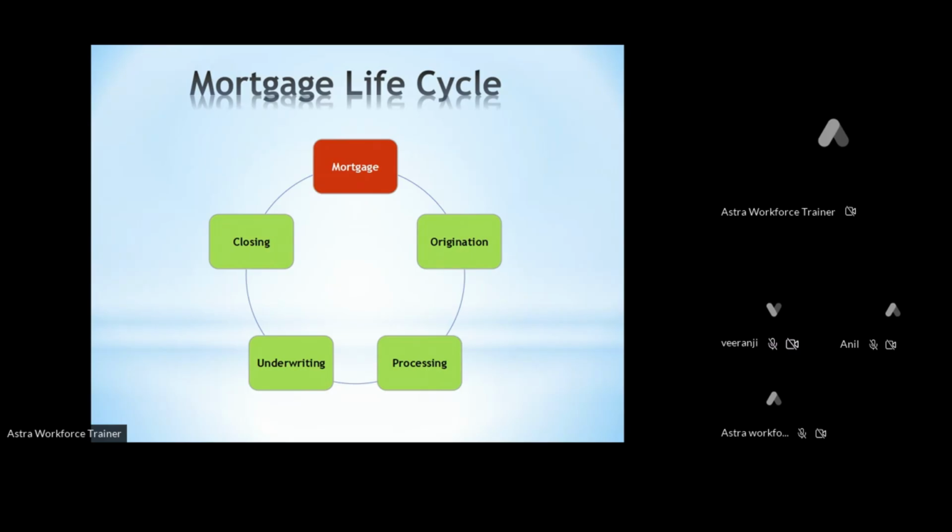Underwriting is where the underwriters determine whether the lender can approve the loan or not. Underwriters, as you will be, play an important role in this stage. The borrower may apply for the loan, but if the underwriting fails, the loan will not be credited to the borrower.